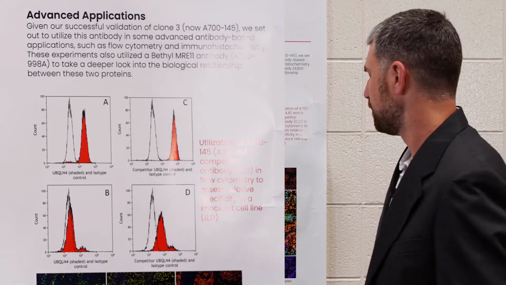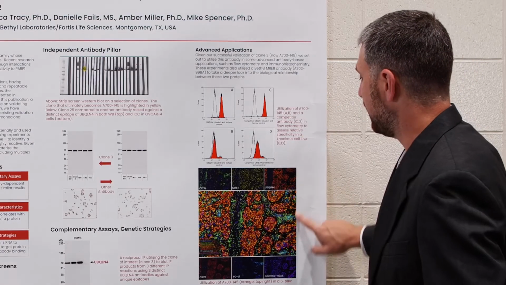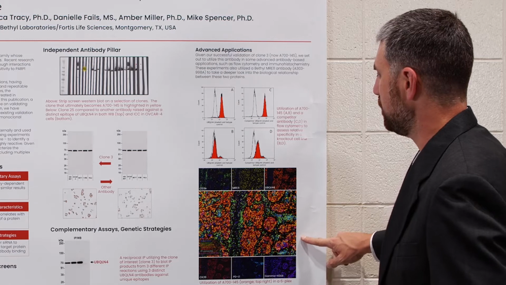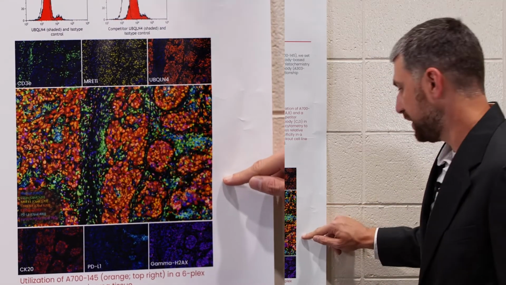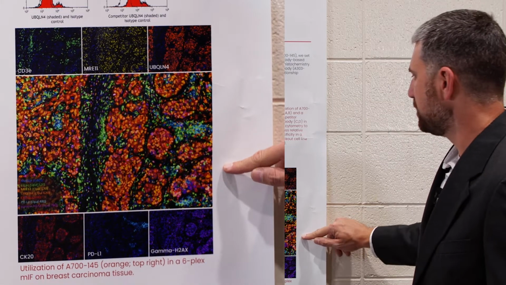to the one that was being used previously. And then finally here, we applied our UBQLN4 antibody to a 6-plex multiplex using OPAL reagents.